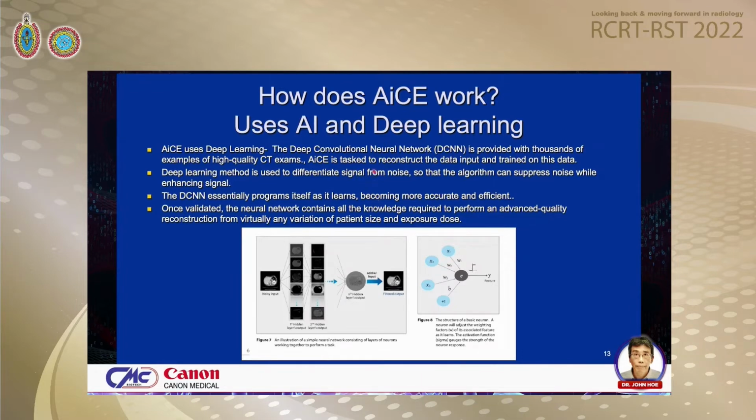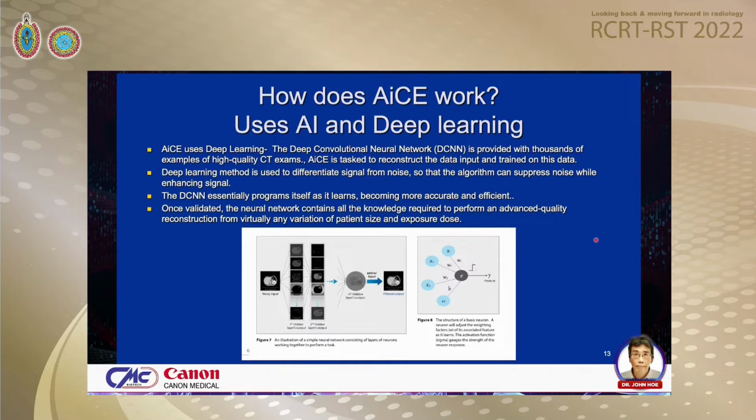The deep convolutional neural network is provided with thousands of examples of high quality CT scan exams, and the artificial intelligence algorithm is tasked to reconstruct the data input and trained on this data. The deep learning method is used to differentiate signal from noise so that the algorithm can suppress noise while enhancing signal.